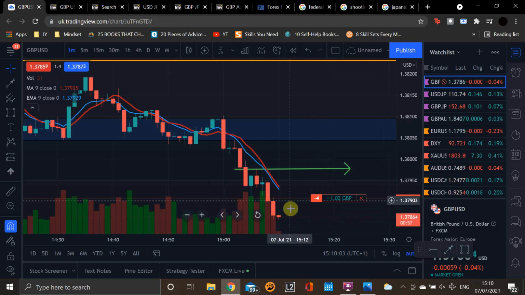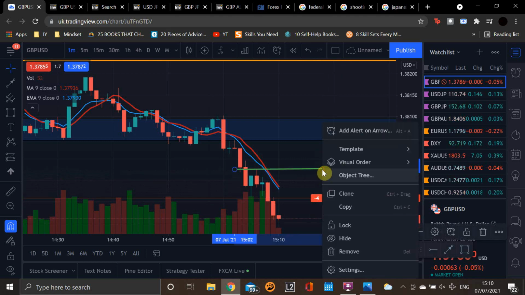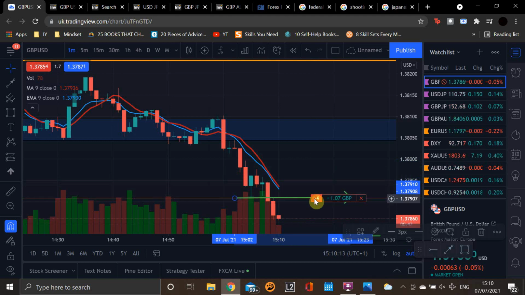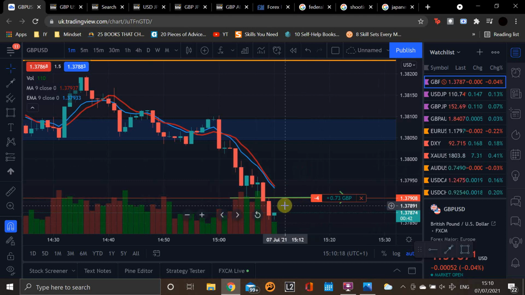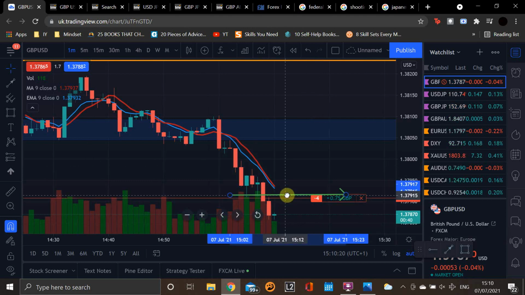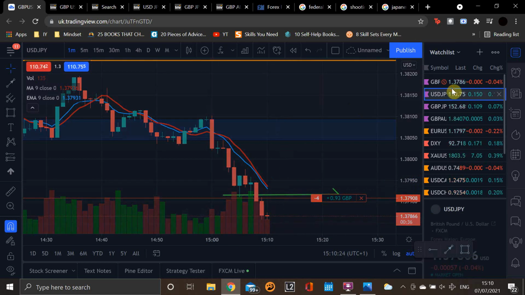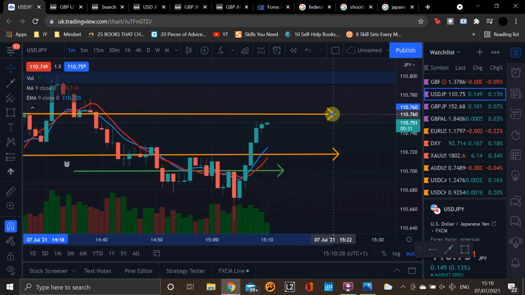It's still going, still going. Stop loss will be where these wicks are. If it comes up here again, I'll make it a bit wide. If it comes up here again, then I'll close the trade. As for this one I can be a bit more patient.